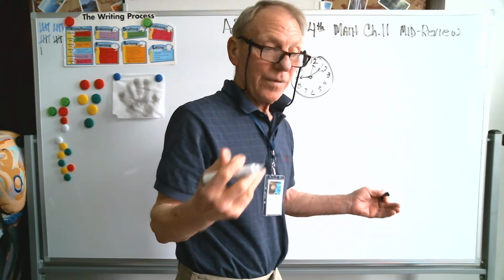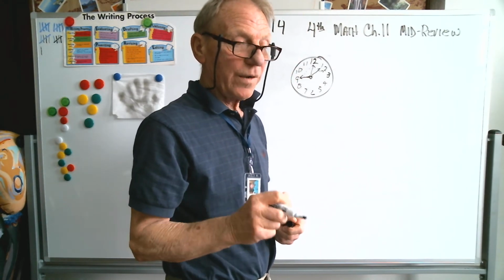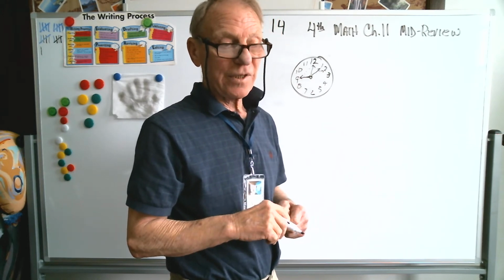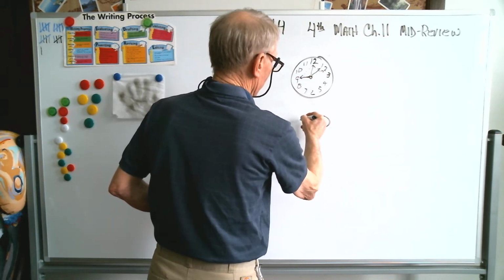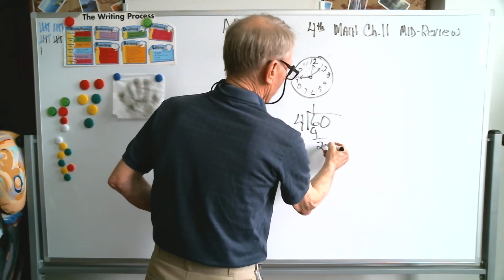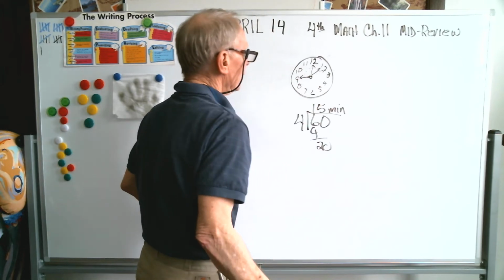Well, there are 60 minutes in an hour, and if it moved 1/4 of the hour, it'd be 1/4 of 60 minutes. You could go 60 minutes divided by 4. Tells you 15 minutes.